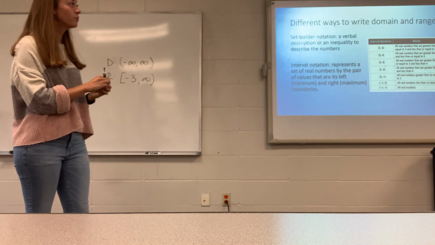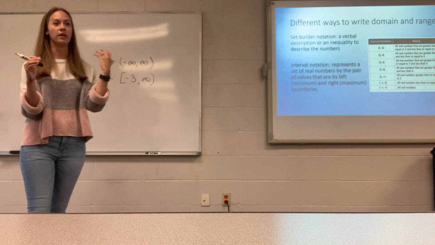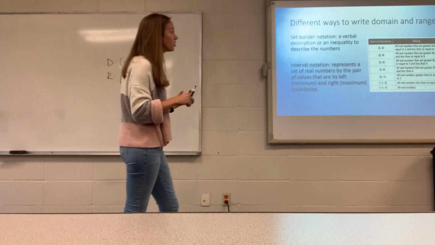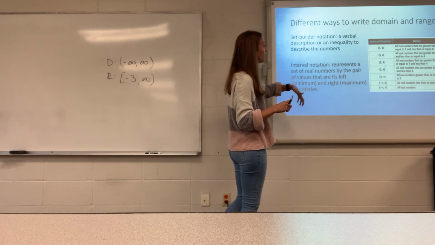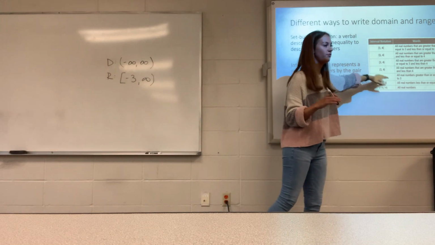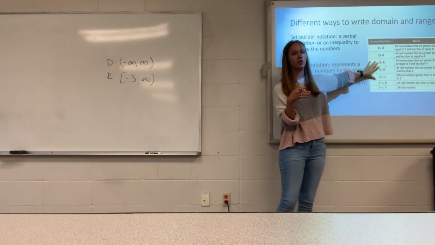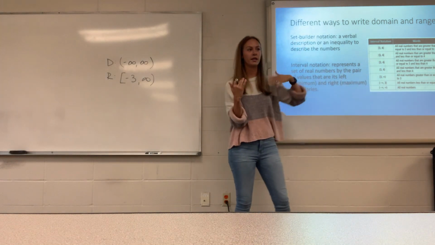Or there is set notation, which would just be using the greater than or the equal to or less than, all of that stuff. So you can write it any way you want, but if you take more math classes, as you go higher up, mostly everyone uses interval notation, okay? So that's what we'll get used to.